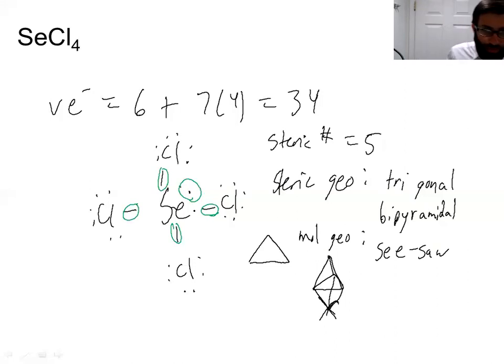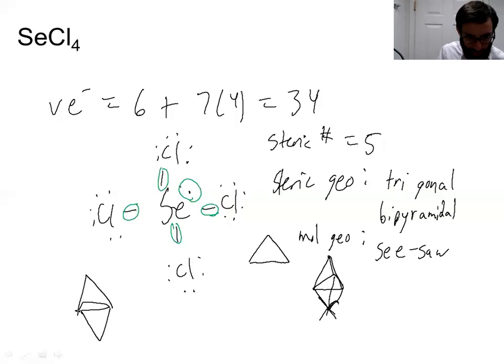Bond angles for a trigonal bipyramid. There's 2 of them. You have that center triangle, and this is a harder type of problem, guys, so don't worry too much about the bond angles for this. But you have 2 of them.